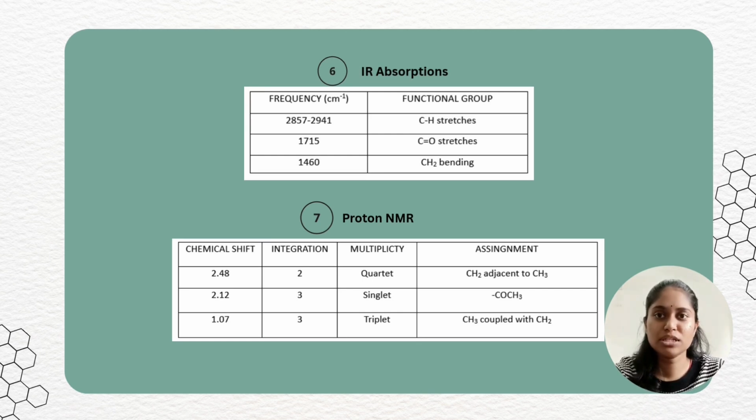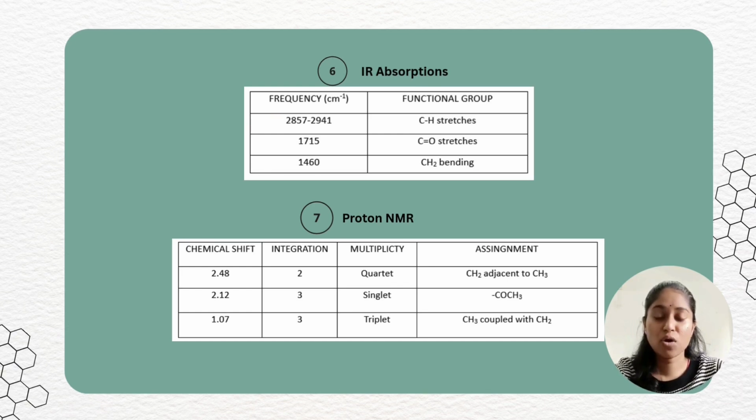Today I will continue presenting question 1, which is how we identify an unknown organic compound using FTIR and proton NMR spectroscopy. First, from the FTIR spectrum, we observe 3 key peaks. A peak around 2941 to 2957, which indicates the presence of CH stretching, suggesting alkyl groups.